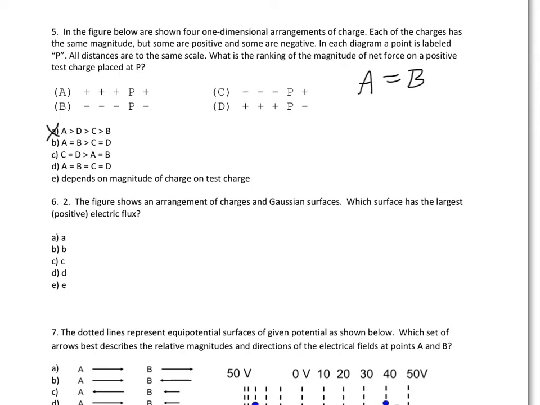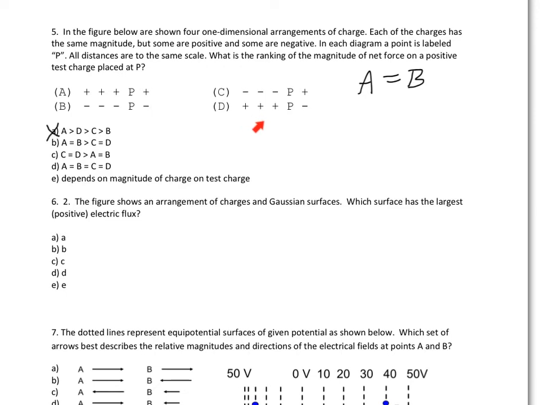The same thing we notice here. We notice that C and D, it's an identical situation. I've changed the signs. C and D are identical except for a change in sign, right?